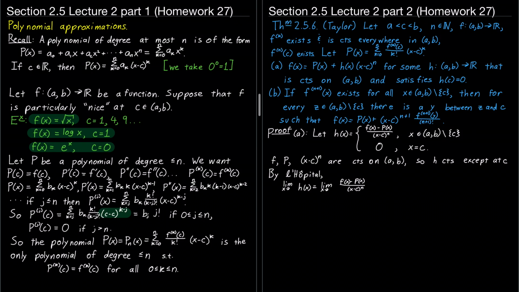Now notice that f is continuous at c, p is continuous at c, and they have the same value at c, so the limit of the top as x goes to c is 0. And the limit of the bottom as x goes to c is 0, so we're allowed to use L'Hopital's rule.